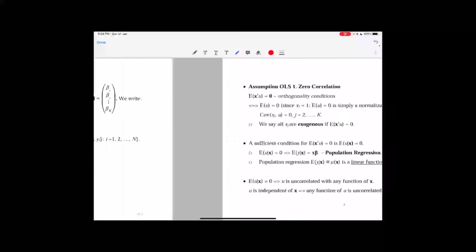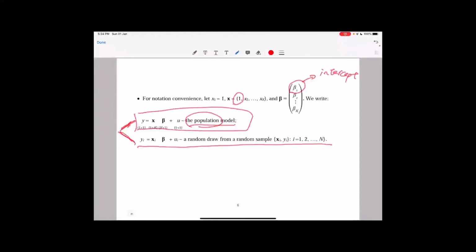So apparently we need to make some assumption, otherwise there's no way we can estimate beta using available data x and y. That's what identification means: whether we can estimate beta consistently using observable data x and y. We don't observe u, apparently.